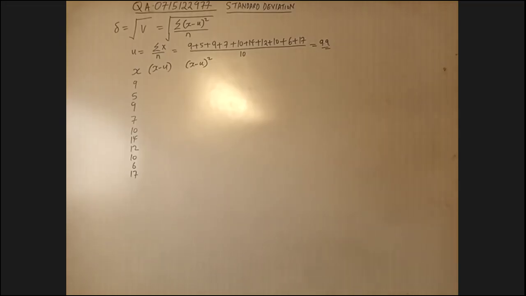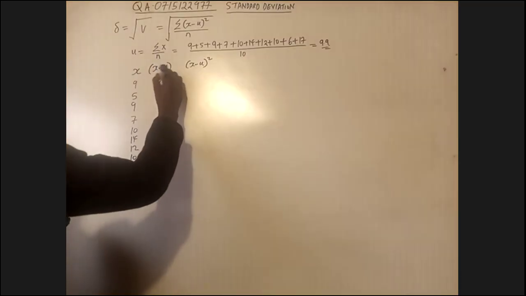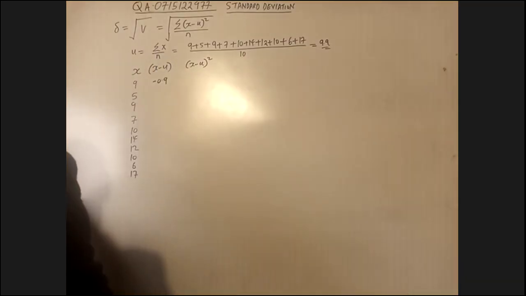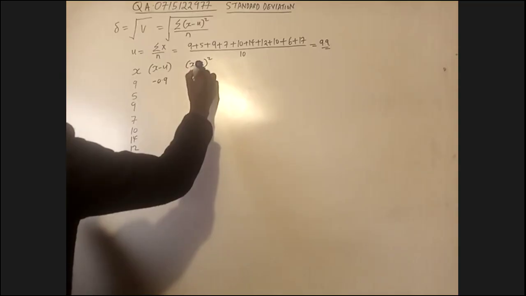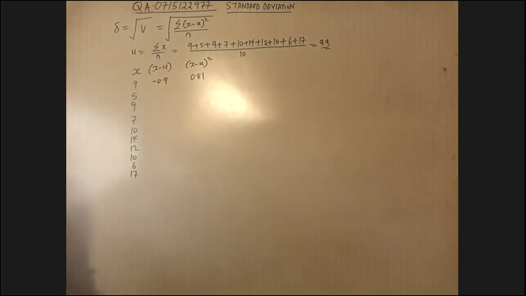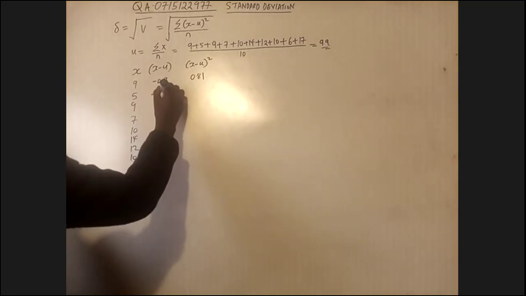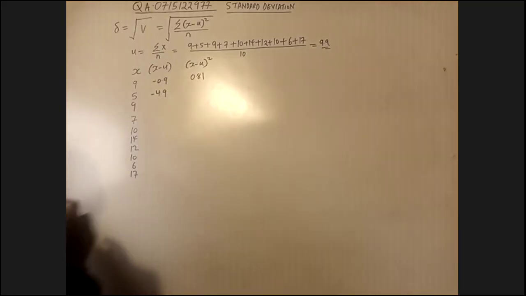So 9 minus 9.9 is minus 0.9, then squared. 5 minus 9.9 is minus 4.9 squared.